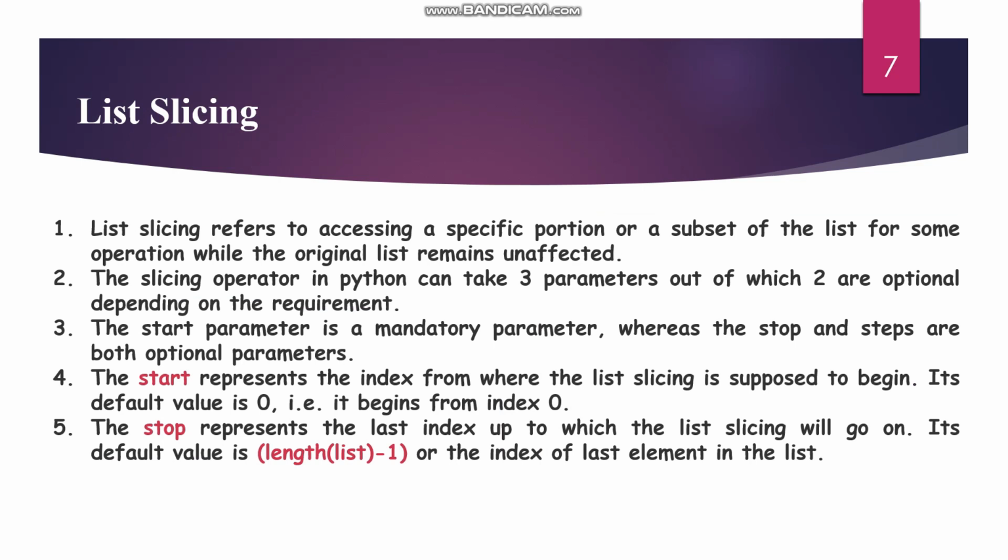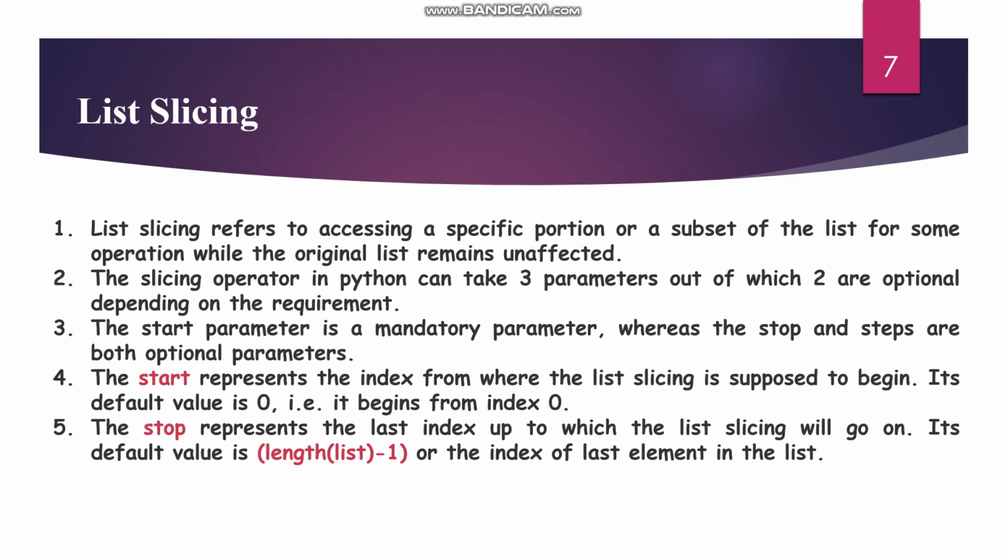Now comes, what is list slicing? List slicing refers to accessing a specific portion or subset of the list for some operation while the original list remains unaffected. There are three parameters: start, stop and step. The start parameter is mandatory, while stop and step are both optional parameters to perform slicing in Python.